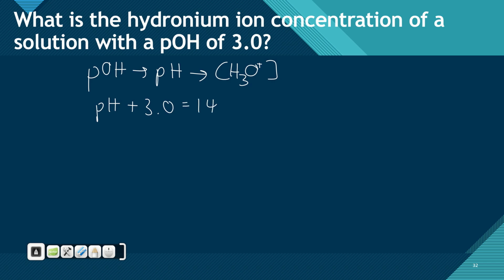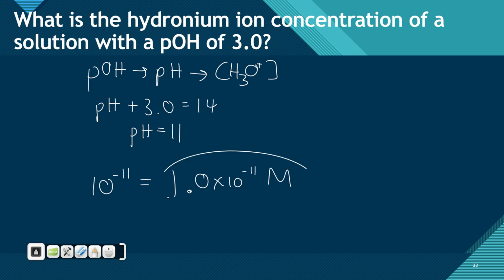That one I can do in my head. pH is equal to 11. And then I do 10 to the negative 11th, which is going to be 1.0 times 10 to the negative 11th molar. This is a base because of the high pH.